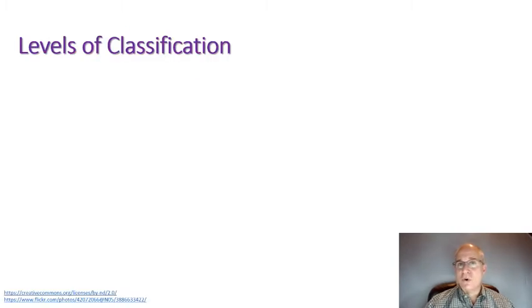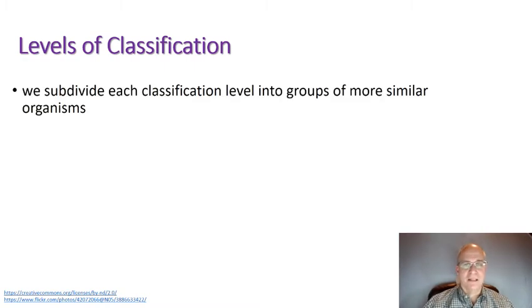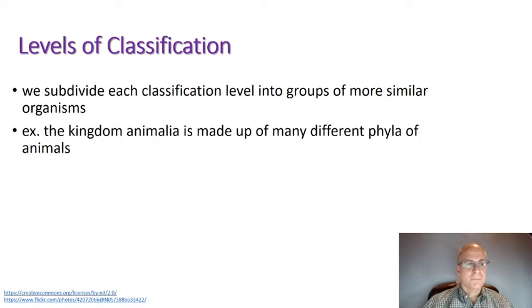So we talked about domains, and we said the subdivisions of domains are kingdoms. Now, there are also subdivisions of kingdoms, and on and on. So let's talk about those a little bit. We subdivide each classification level into groups of more similar organisms. So for example, in the kingdom Animalia, there are many different phyla, which is the plural form of phylum.